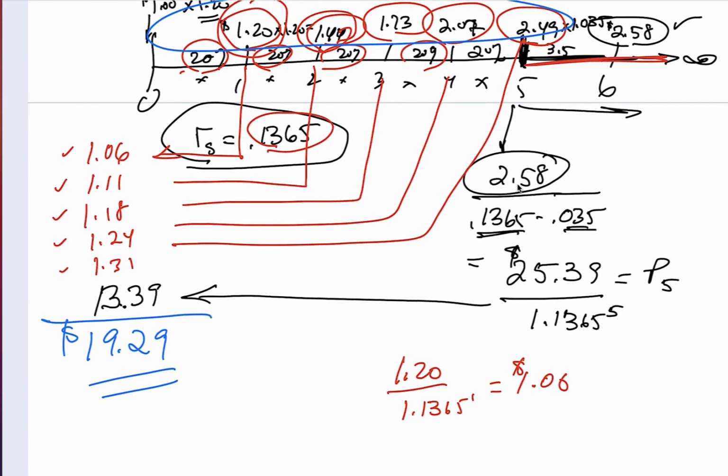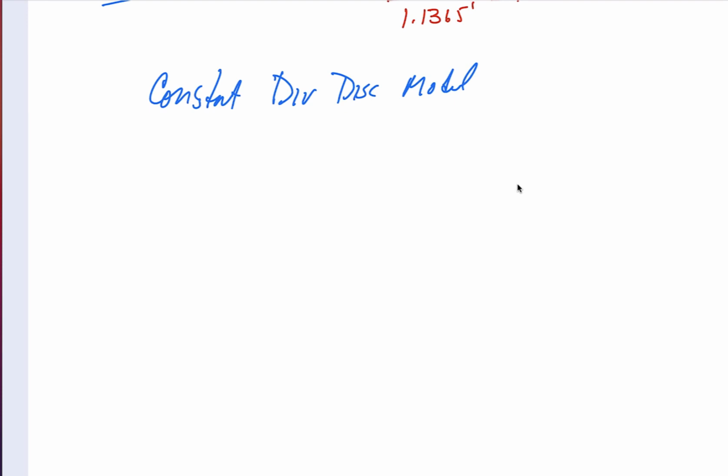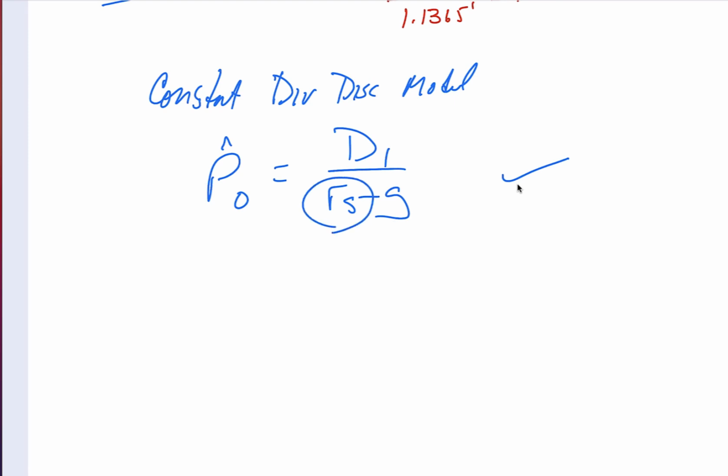Now, let me review something we haven't covered with the constant dividend discount model. With a constant dividend discount model, we had stock price, an estimate, equal to dividend next period divided by Rs minus g. Now, what's interesting about this model is we can rearrange it and solve for Rs.